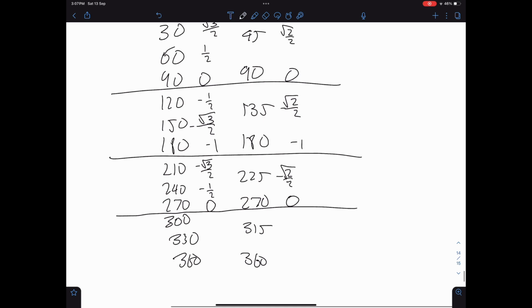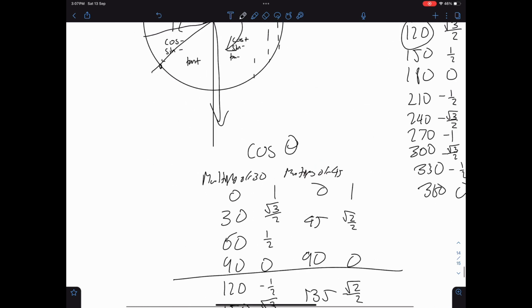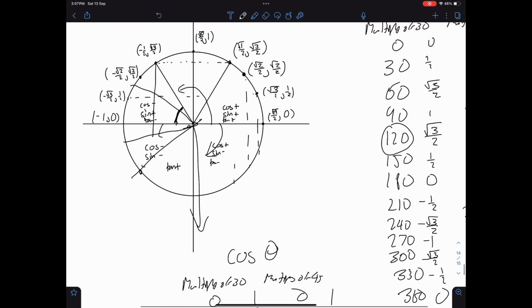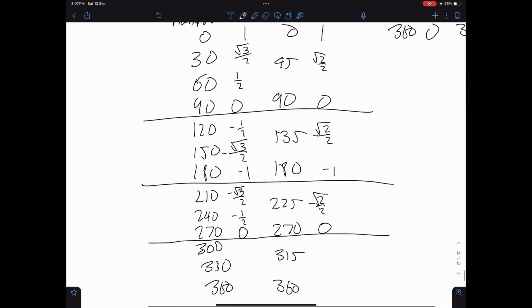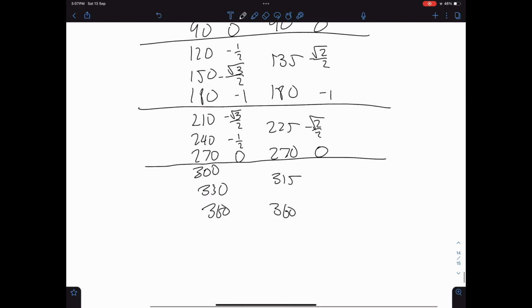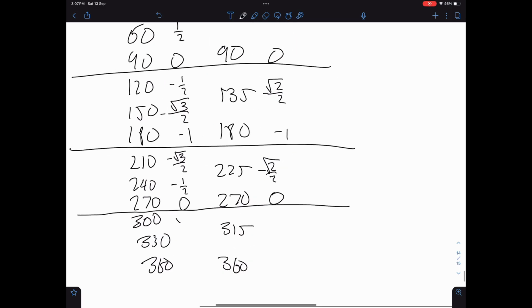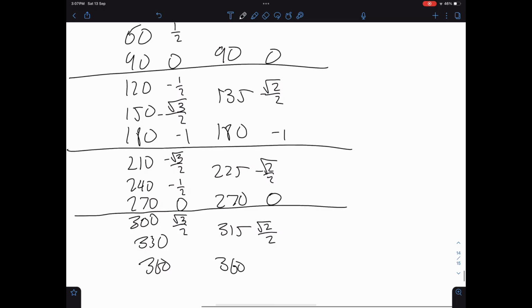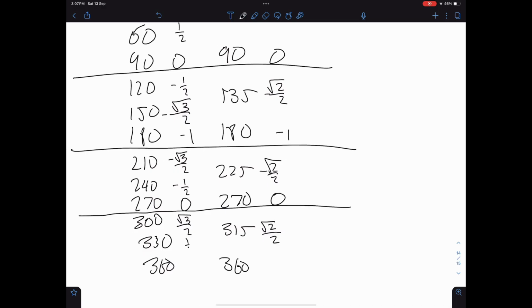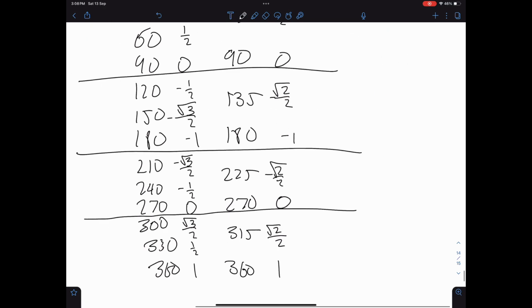And then 300, this is when it starts to get positive again. 300 is 60 degrees away from the x-axis, so that's going to be root 3 over 2. 315, root 2 over 2. 330 will just be half, and this will be 1 and 1, I think. 300 will be 60 degrees away, meaning it'll be half. Alright? Yep.